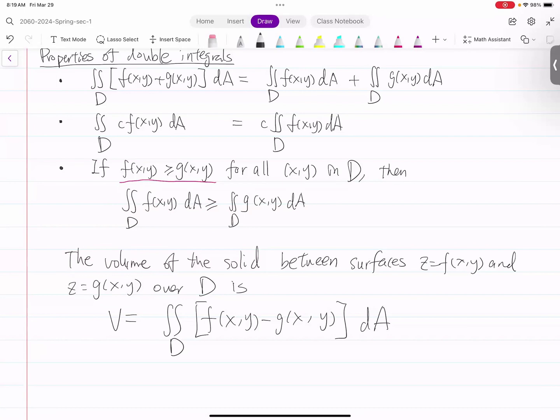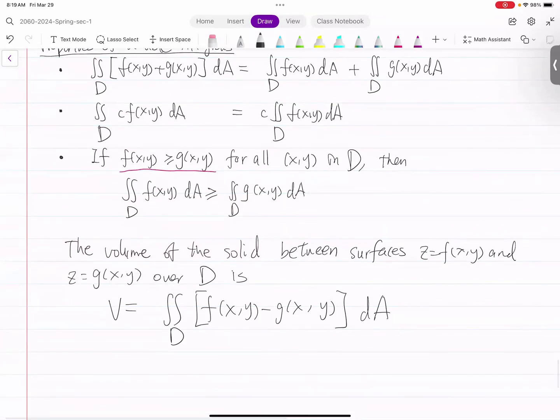And the properties continue. So the next item. Now, if we integrate one, basically the function that we're integrating over the region D is just one, then what does it give you?